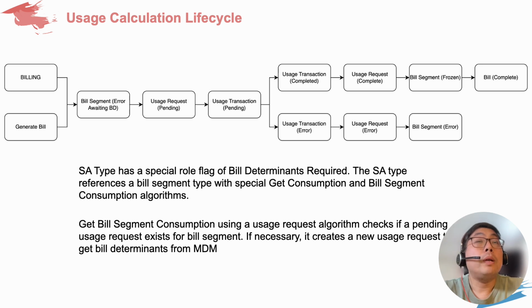When this trigger happens, first of all, it creates a bill segment in awaiting bill determinant status. A usage request is calculated, which then triggers, on the MDM side, the creation of an object called usage transaction.